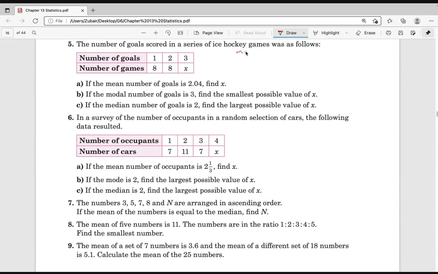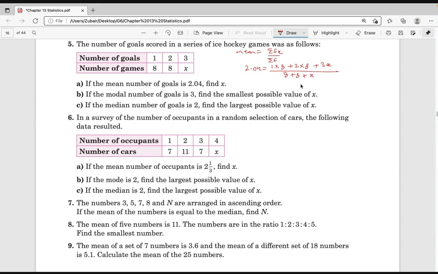So, mean is equal to sum of fx over sum of f. Mean is 2.04, and those working steps: 1 into 8 plus 2 into 8 plus 3 into x, divided by the total frequency, which would be 8 plus 8 plus x. So the only unknown is x.